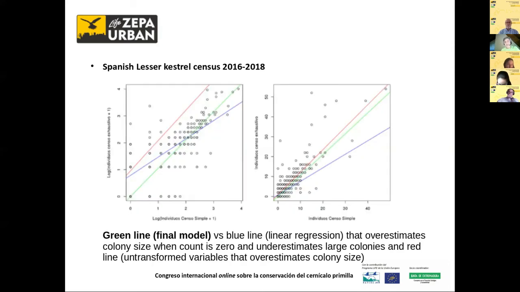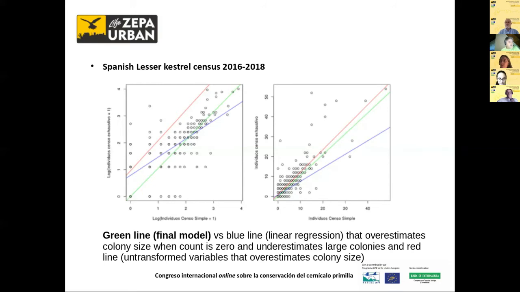This is just an example of the different models that were tested. On the right, you can see a scatter plot of the observed data and the model predictions, the lines, on a linear scale, and on the left you can see these same models on a logarithmic scale.